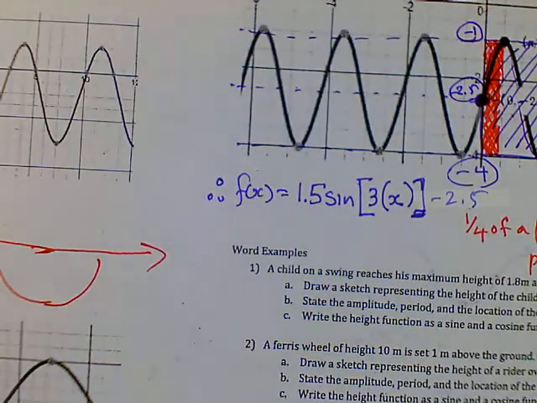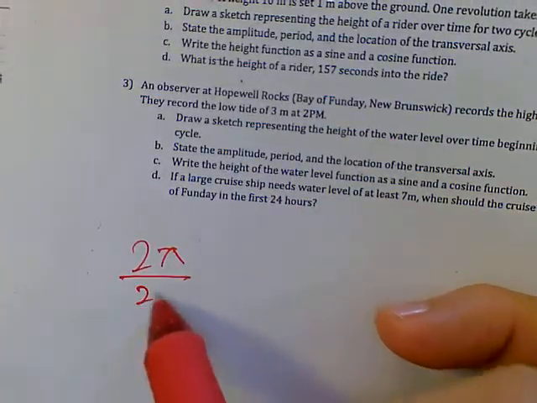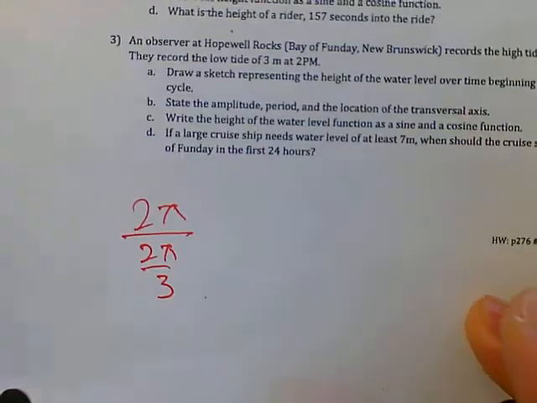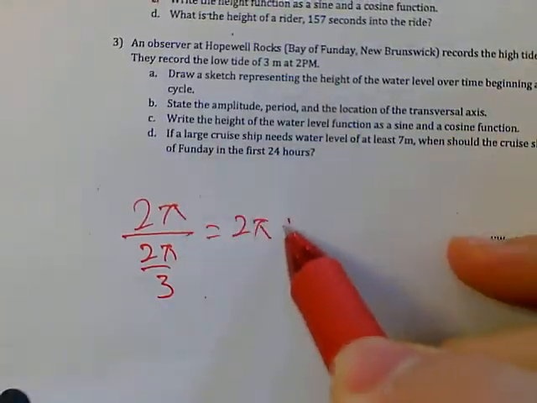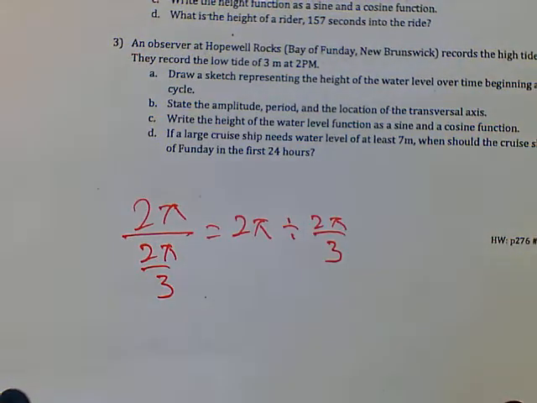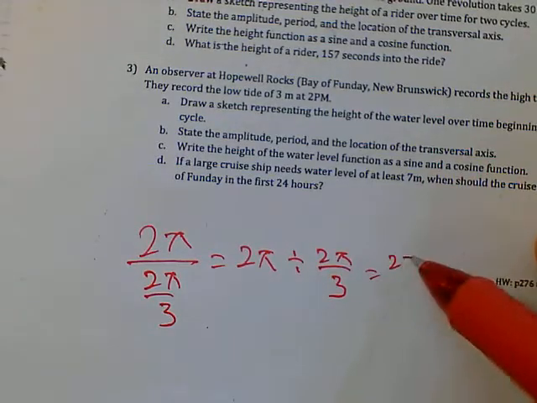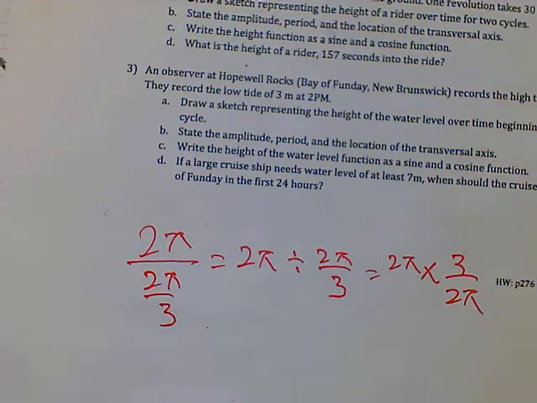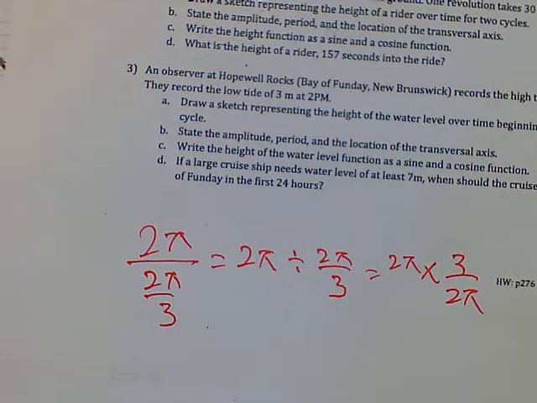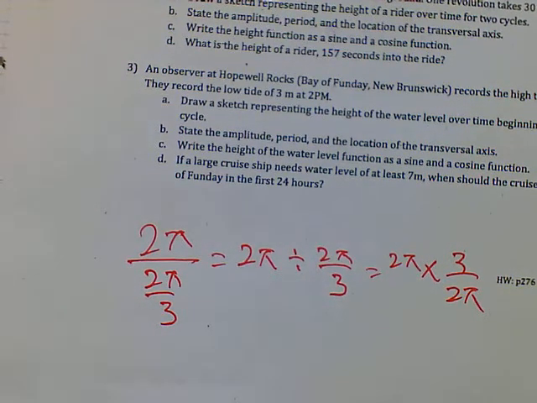Yes? How did 2 pi over 3 turn into 3? Sure. 2 pi divided by 2 pi over 3 is the same as 2 pi times 3 over 2 pi. I don't like the idea of forgetting, because that sounds like magic.